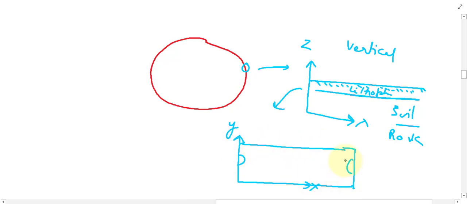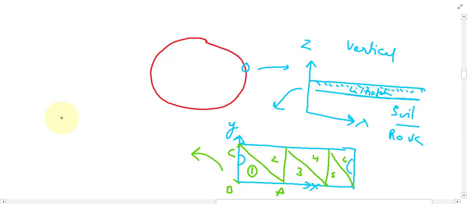For calculating the area of this football field, what we will do is convert this rectangular football field into a number of triangles with the help of chain or tape. Then I will find the area of each triangle, similarly up to 6 triangles. So this is triangle A, B, C, and I have drawn this in this figure.